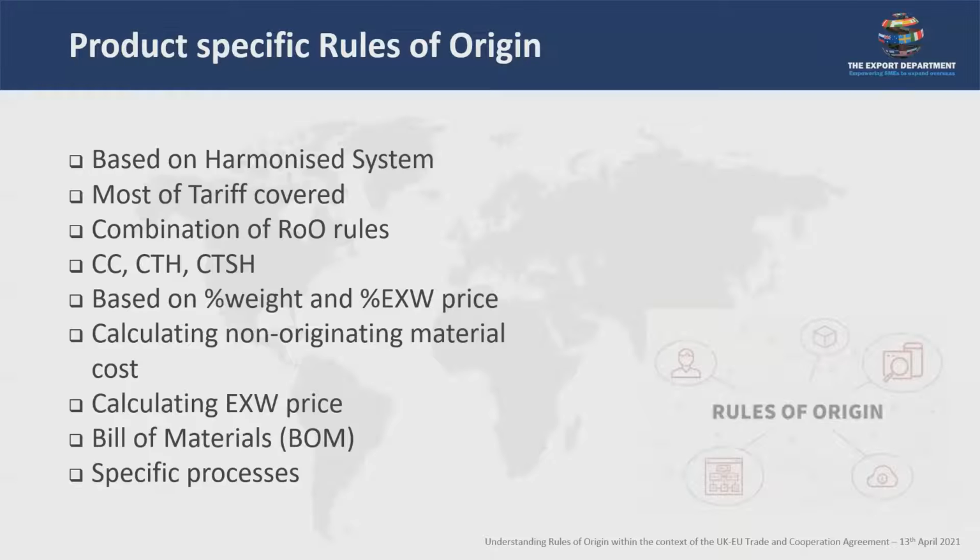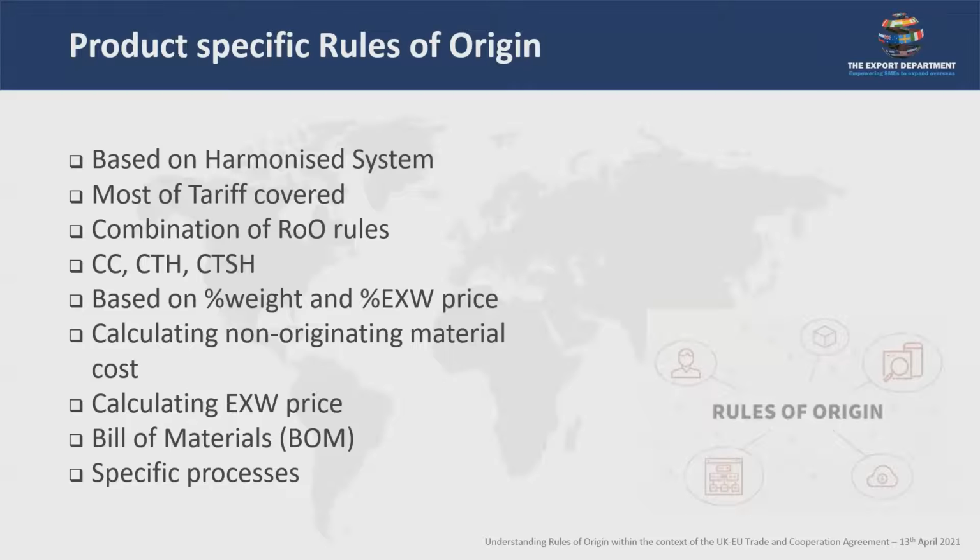Okay, so for some goods in the trading cooperation agreement, the product specific rule is combining two different rules of origin. As I said before, there's change in tariff classification, there's value added rule and so on. And what you'll find within the agreement is that quite often it's combining them. And when we see change of tariff classification, it can be at 3 different levels.